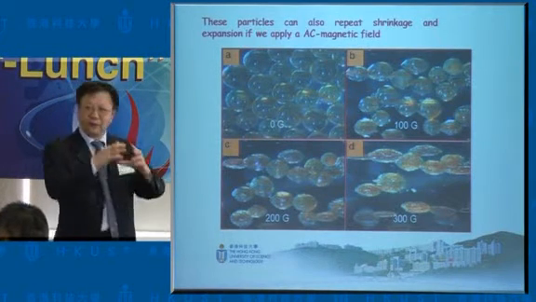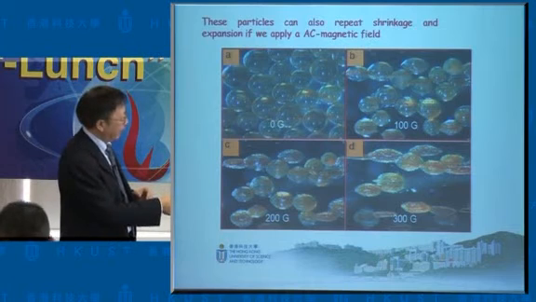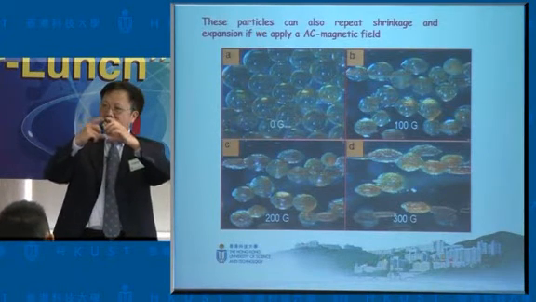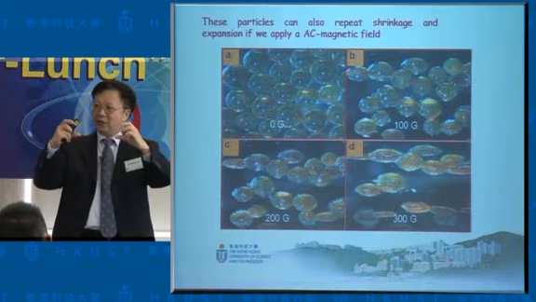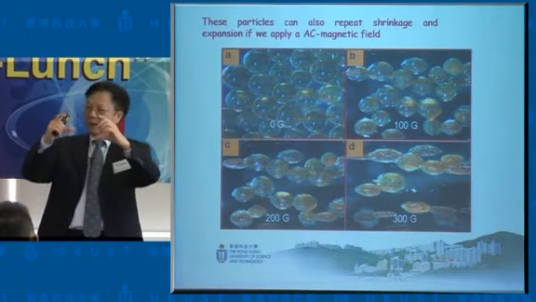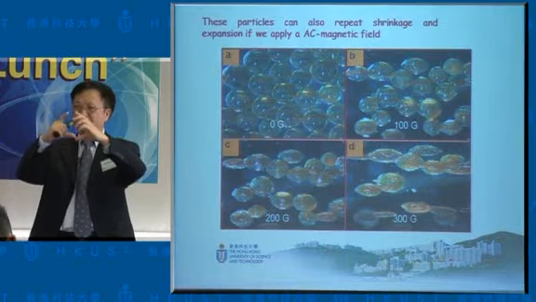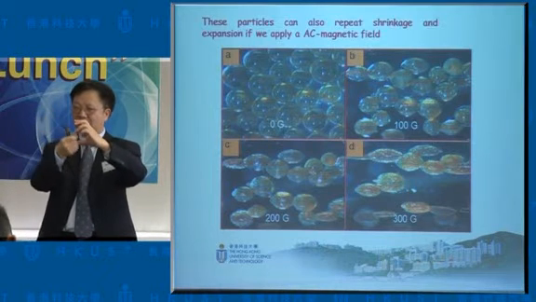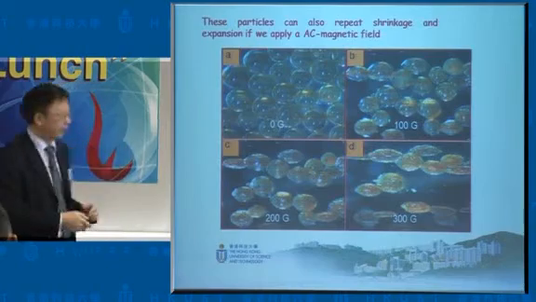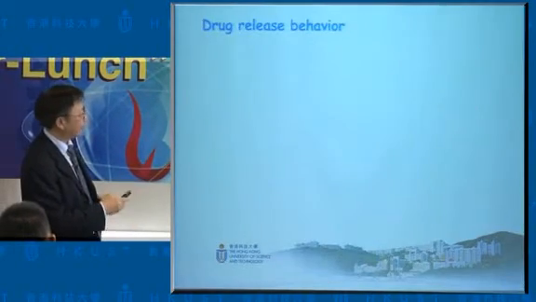It is spherical. However, if I apply a magnetic field, it expands in one direction along the field. If I apply an alternating field, it's like a pump. So this drug can be released from inside to outside through the core. So we call it a smart drug release.